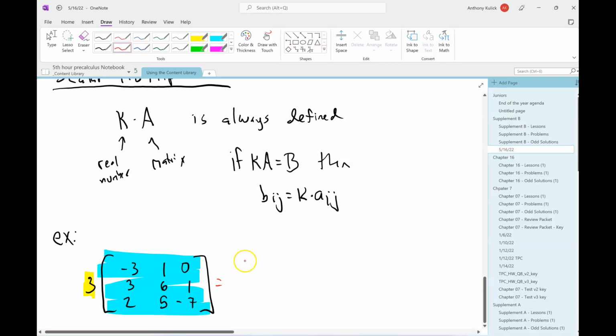So all I'm going to do is multiply each entry in my matrix by that number 3.